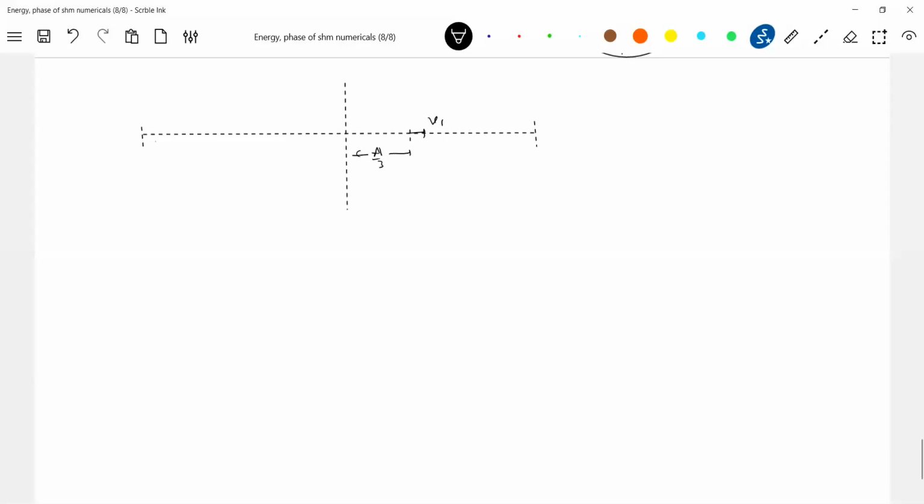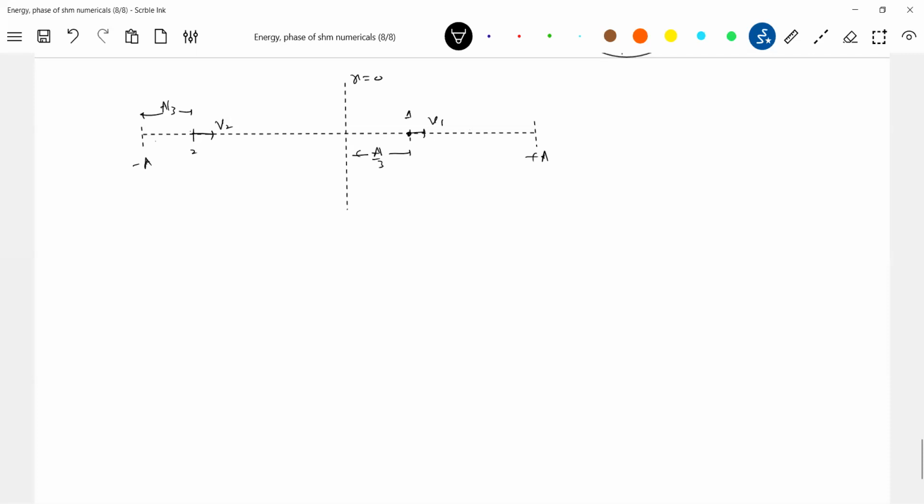Let's take one more. A by 3. What is the time taken to move from point 1, with velocity away from the mean position, to point 2?